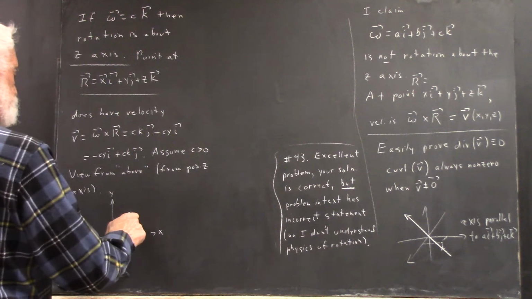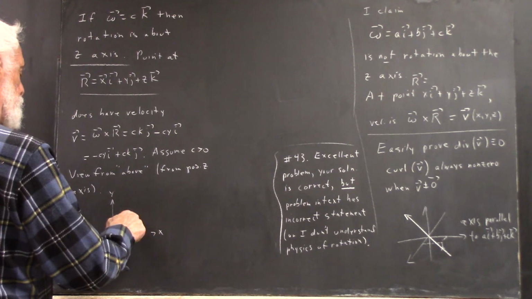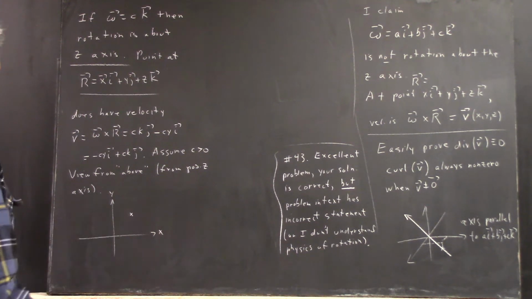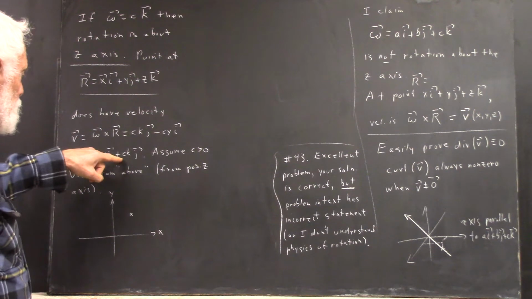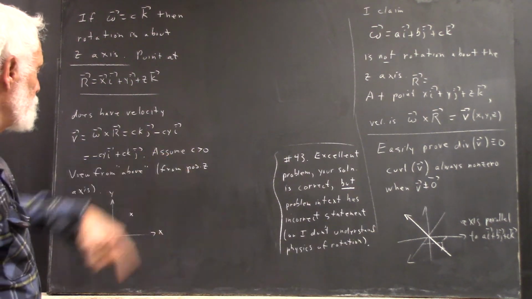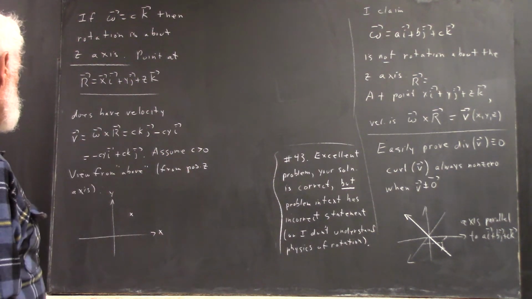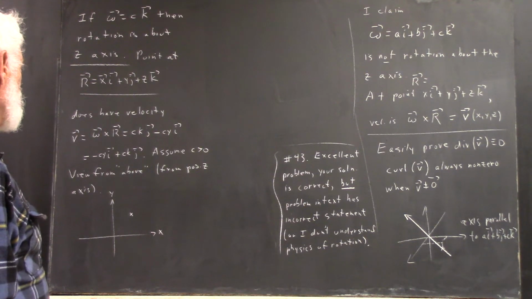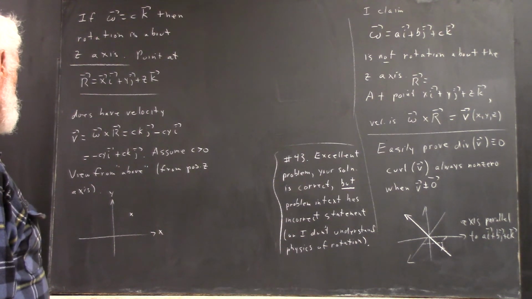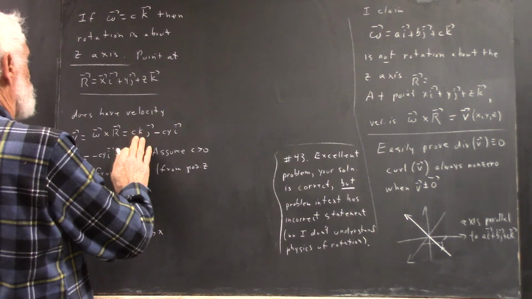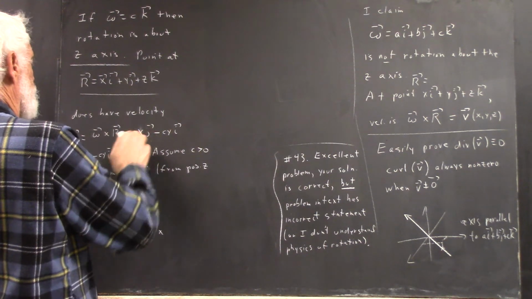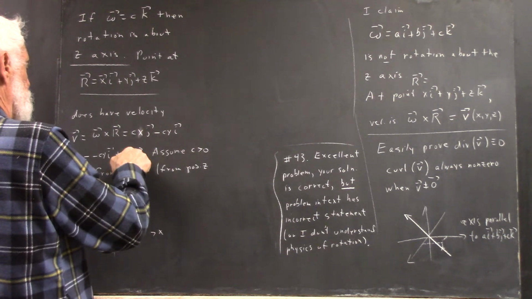Okay, well, at a point out here, x and y are both positive, so you're going to have a negative cyi plus a cxj, again assuming c is greater than 0, and it's not ckj, it's cxj. Sorry if that was a distraction.